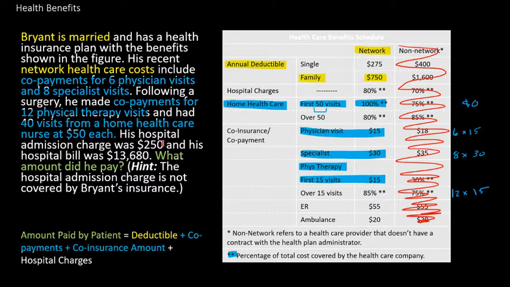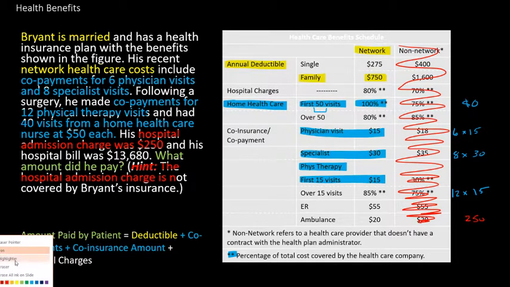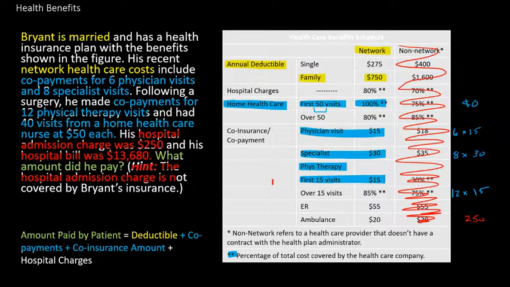Next up, we have his hospital admission charge was $250. Remember in the hint that they mentioned that that hospital charge is not covered. So we'll end up having to add on $250. And finally, we have a hospital bill of $13,380. Remember, you are consulting the chart for every single time they give you a piece of information. Look on the chart.